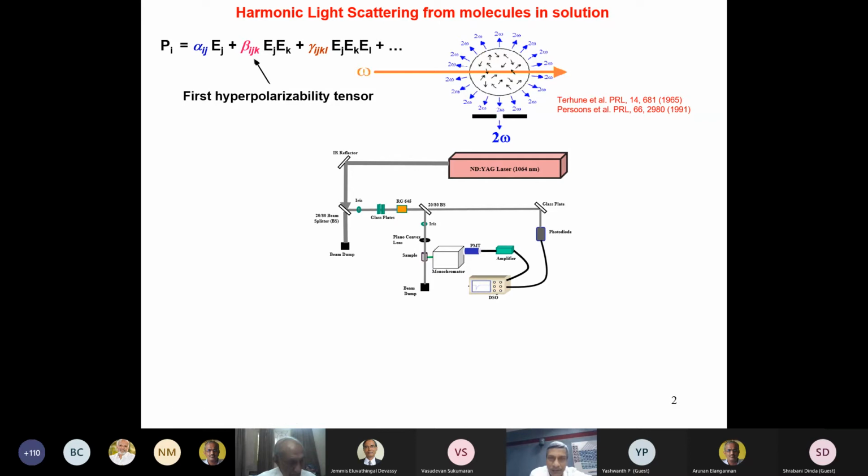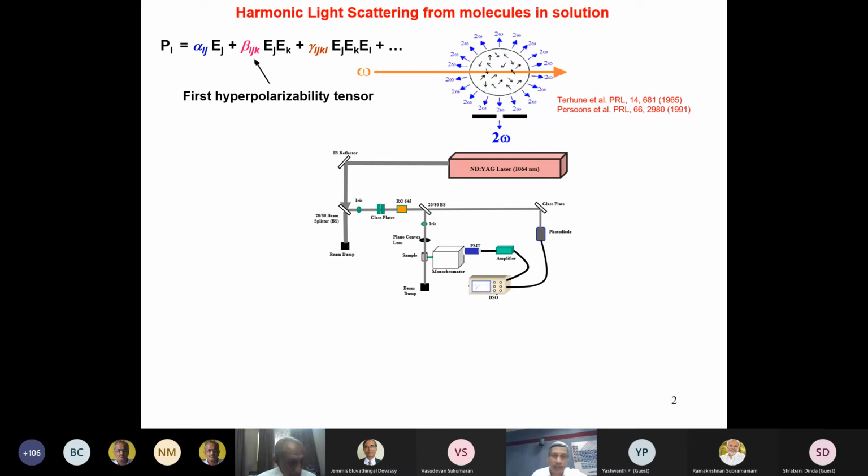And then the second harmonic light that is generated has twice the frequency and half the wavelength. So if we shine, let's say, 1064 nanometer light, which is normally what we use, we get 1064 nanometer light scattered. Of course, that's the normal Rayleigh scattering, but we also get 532 nanometer light scattered, which is the second harmonic Rayleigh scattering. And that light is collected through a monochromator and then, of course, processed.